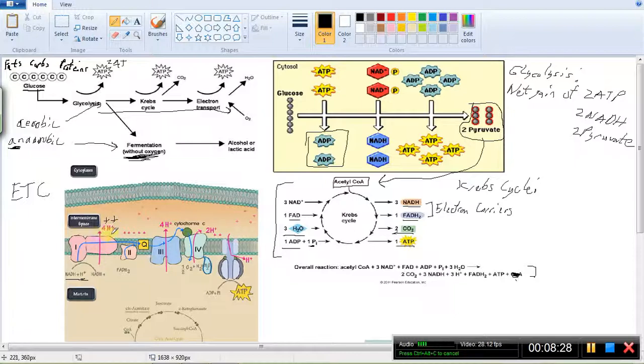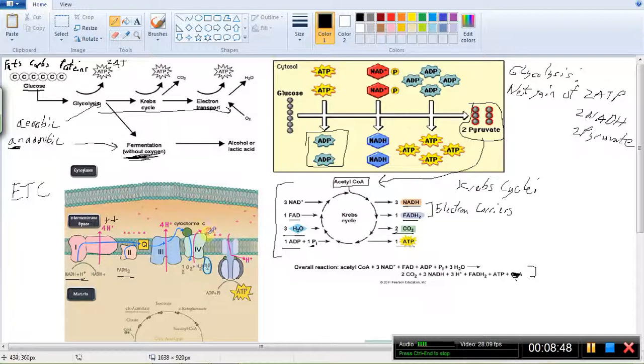So four protons are pumped for every NADH molecule. And then here's FADH2, and so some more electrons get on here. The electrons are moved through this whole complex. We pump more protons, more H+ ions across the membrane.